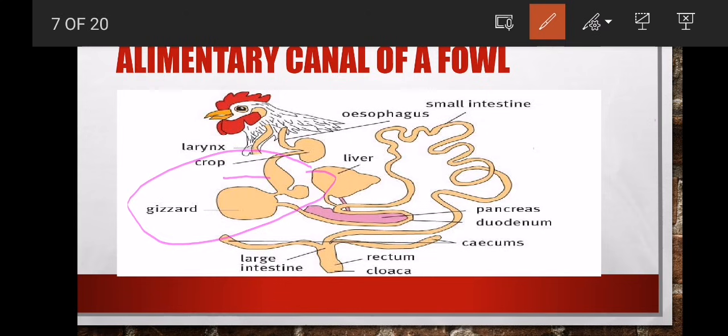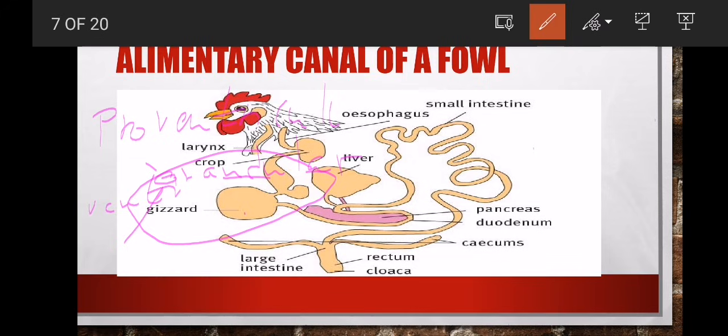We have this part which we can call the glandular stomach. You can also call it the proventriculus. Then we have this stomach. They said it's a gizzard. You can also call it a ventriculus. We say it's one stomach, but that is divided into 2.